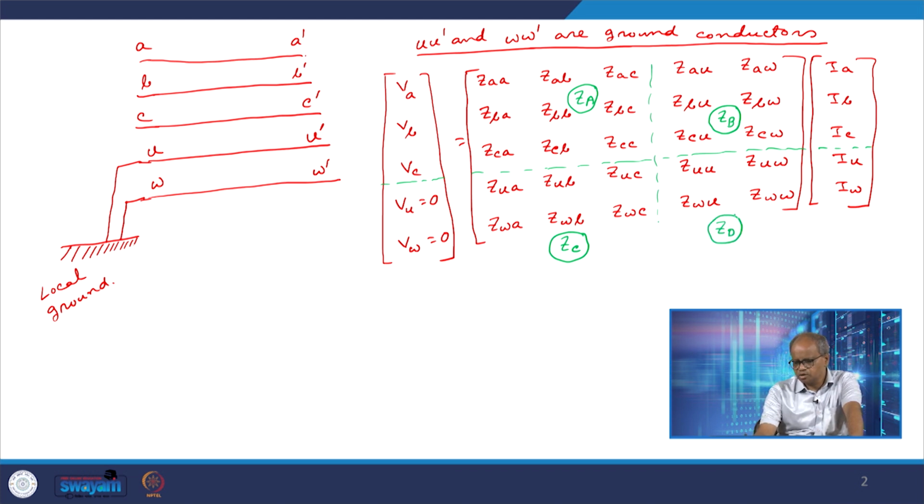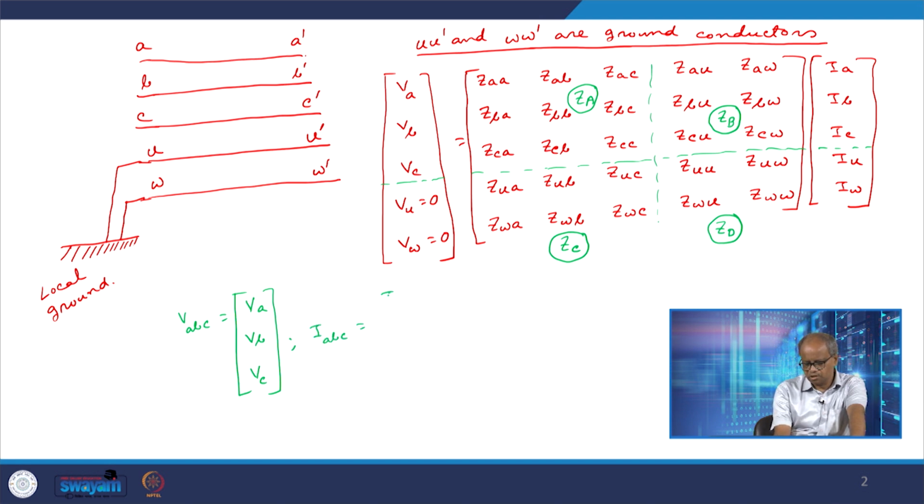This partition is ZD, a 2 cross 2 matrix, and we define, as usual, 3 vectors VA, VB, VC, then IABC equal to IA, IB, IC, and we define the IUW vector as IU, IW.